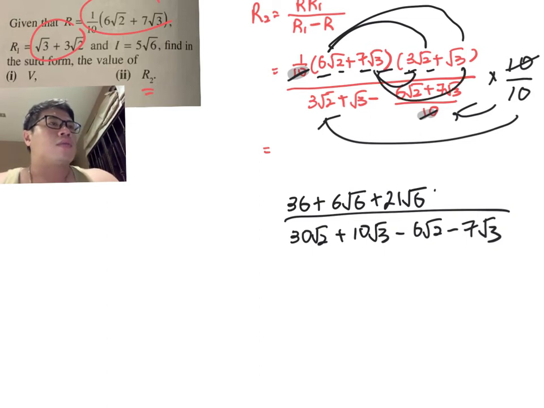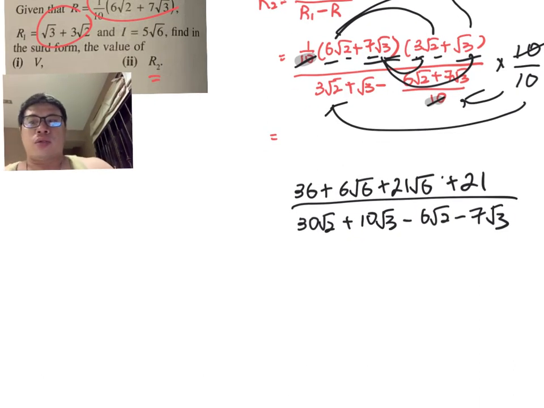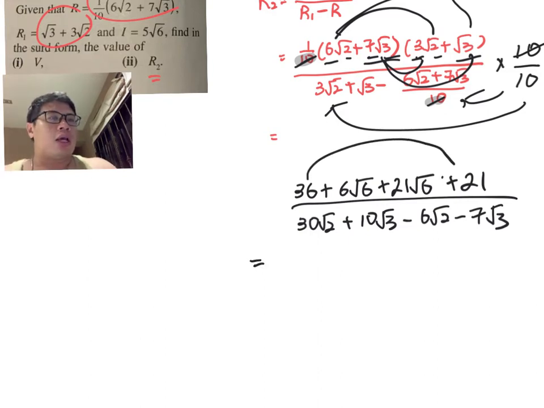The last one, 7 square root 3 times square root 3, you end up with 21 as well. It's actually not so bad. Combining my constants, I have 36 plus 21, that's 57. Combining 6 square root 6 and 21 square root 6, I have 27 square root 6.